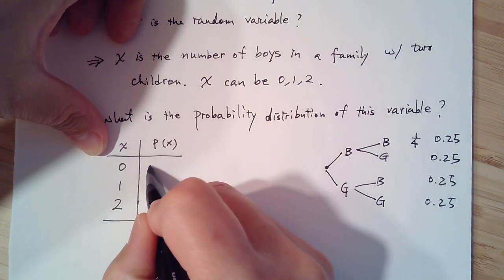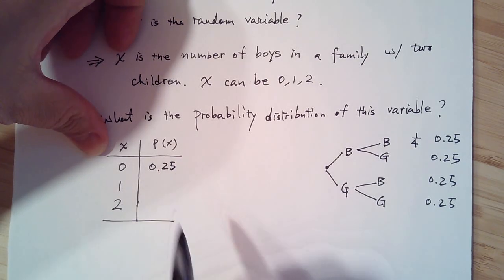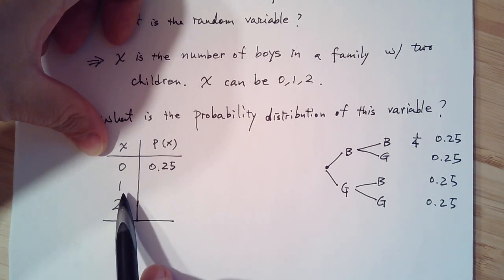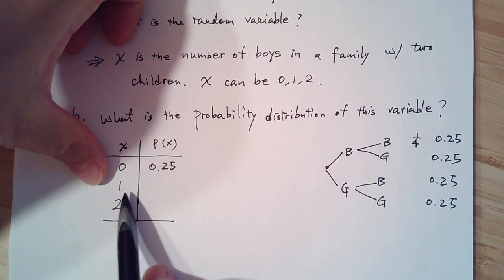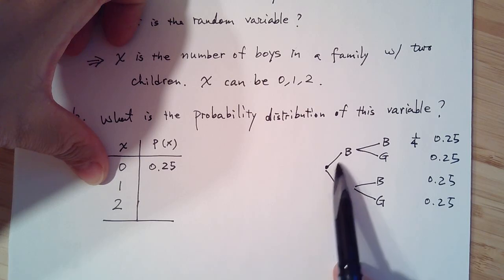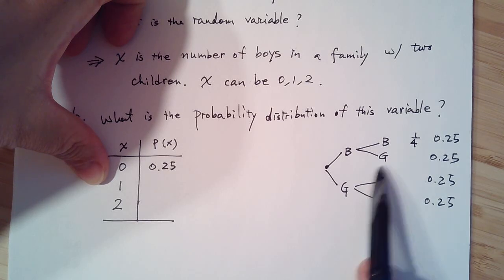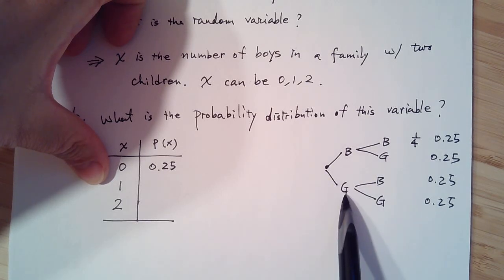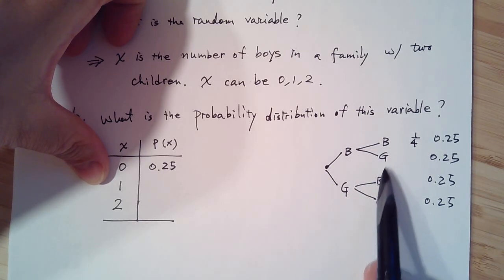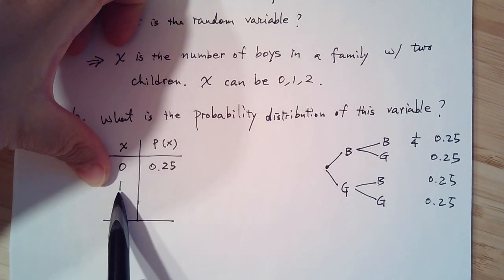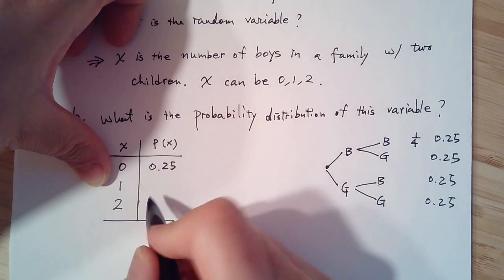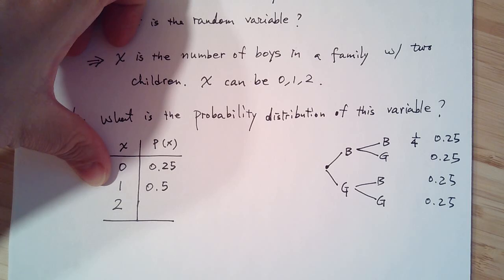The probability is just 0.25. And what is the probability that this family has one boy? This is the situation: the older one is a boy and the younger one is a girl, or the first is a girl and then a boy. That's when X equals 1. You add these two probabilities up, you get 0.5.